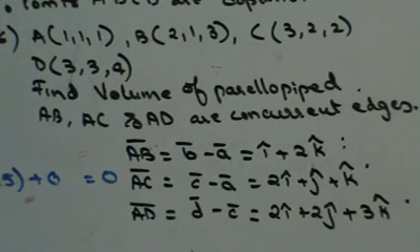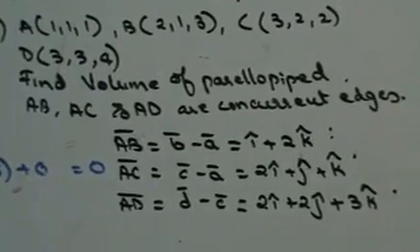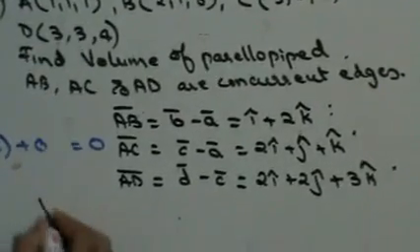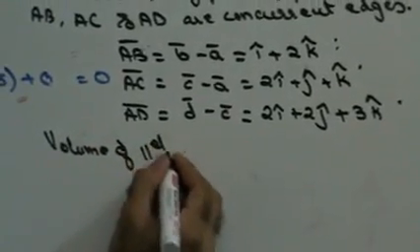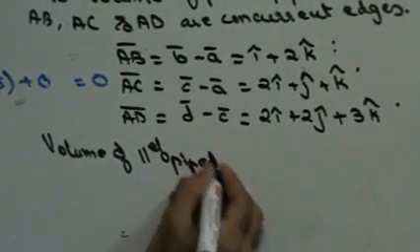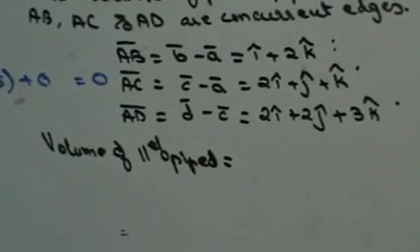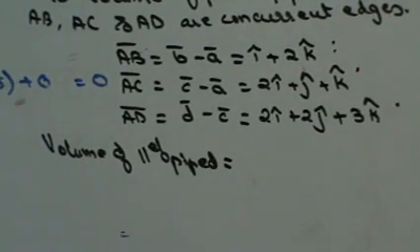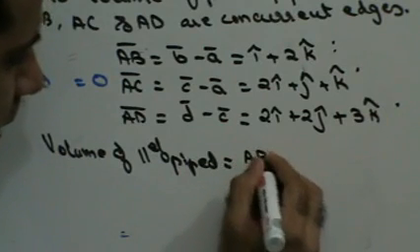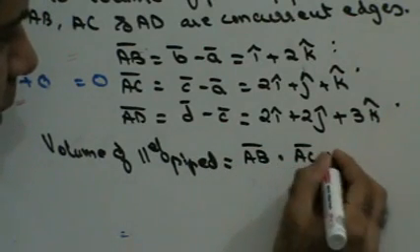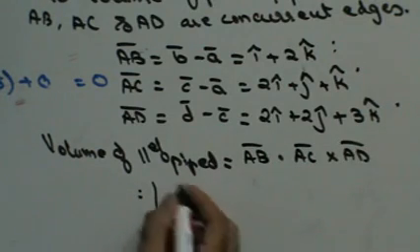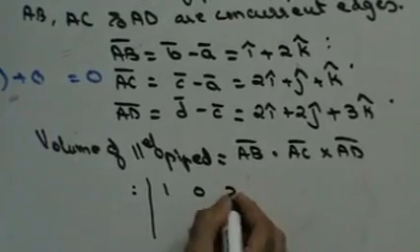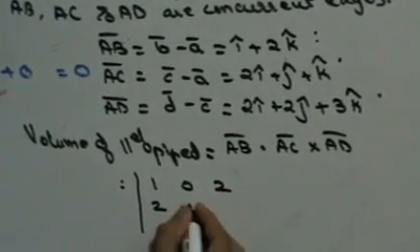Right? They've asked me to find out the volume of the parallelepiped. I can say that the volume of the parallelepiped is given by the formula scalar triple product of vectors, which is nothing but AB vector dot AC vector cross AD vector. So this is going to be 1 0 2, 2 1 1, 2 2 3.